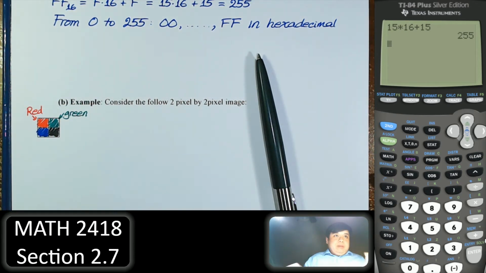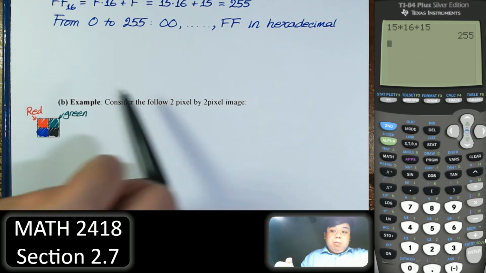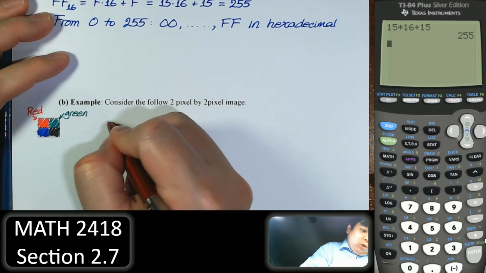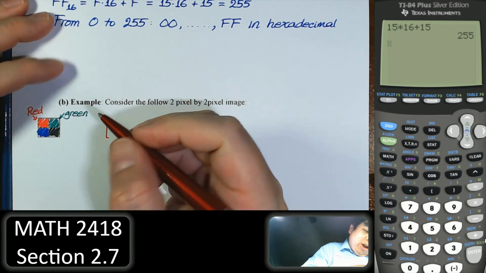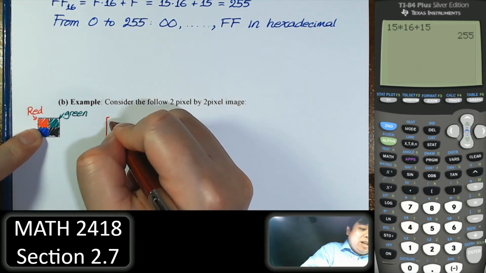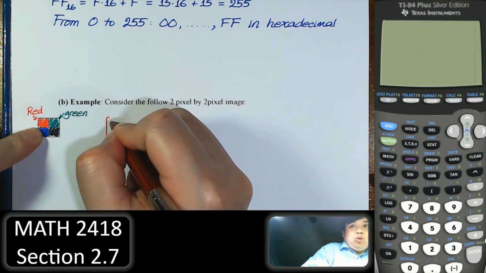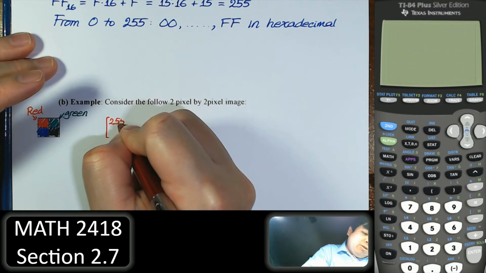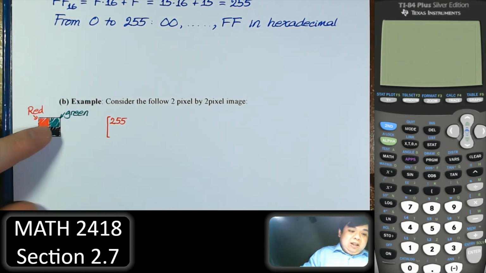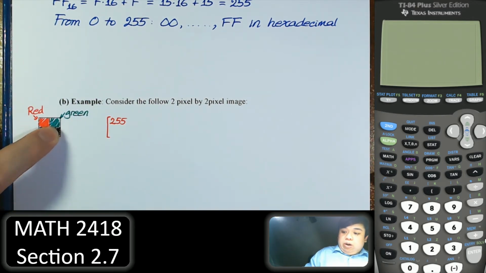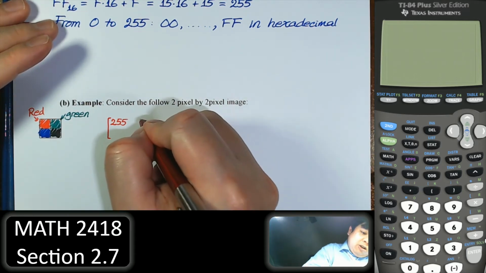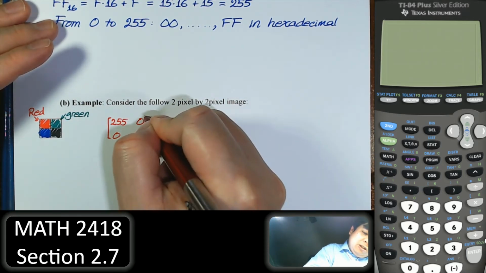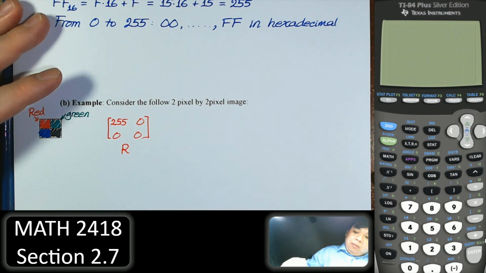Right. So if I have an image like that, 2 by 2 pixel, in terms of matrix, I can split that into 3 different matrices. The color red will be maximum intensity, so I could use FF, or I use 255 if I want the decimal values. And then the color green doesn't have any red in it, so on the red, that's what I have.